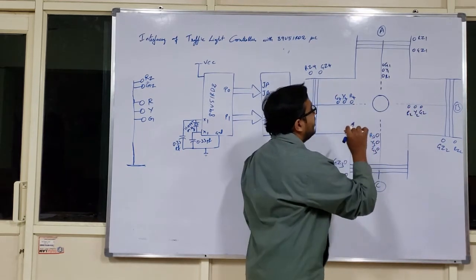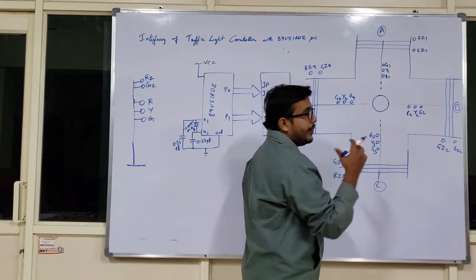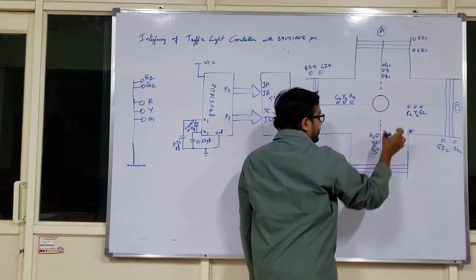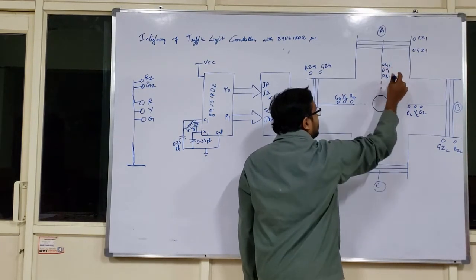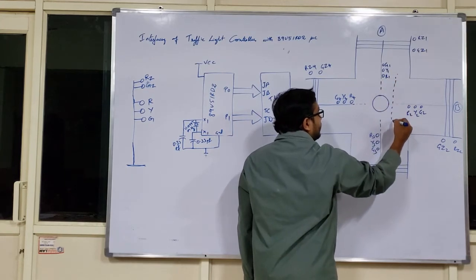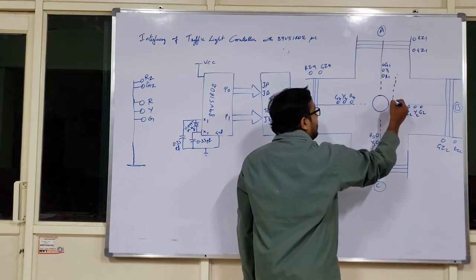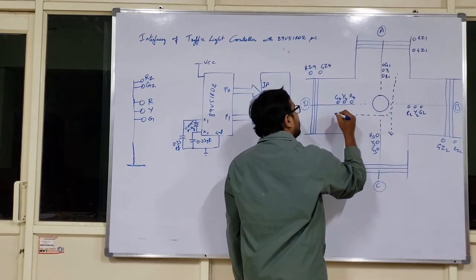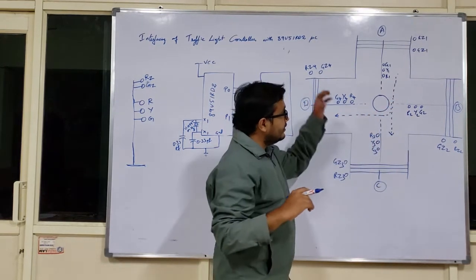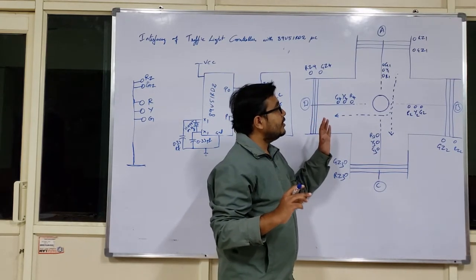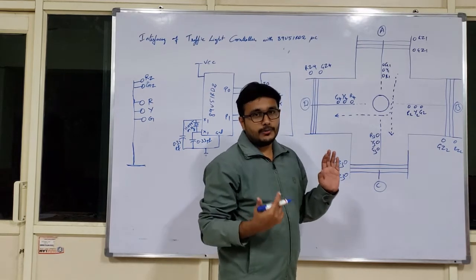That means they can take this way freely without any rule. Okay. Now if the commuters who are waiting here want to take the C road, or if they want to take the D road, they need to follow a certain protocol. Why do we have to follow the protocol?